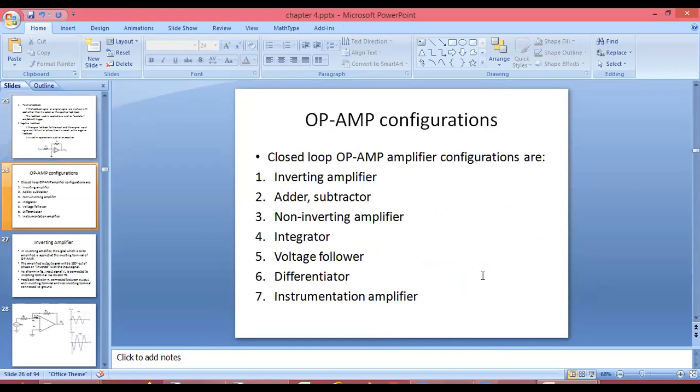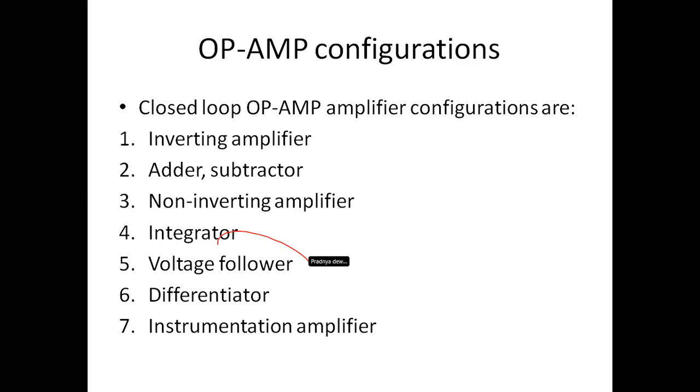Now we are supposed to study the closed loop, because in the closed loop configuration we have two types: negative, which is inverting and non-inverting, and this is nothing but the positive. So here we will study op-amp configurations of different types like inverting amplifier, adder, subtractor, non-inverting, integrator, voltage follower, differentiator, instrumentation amplifier.